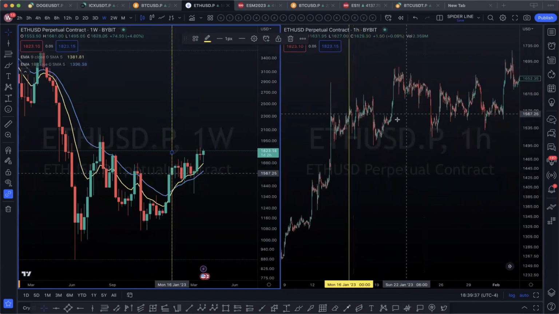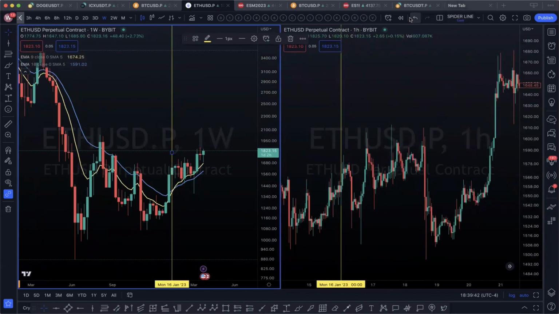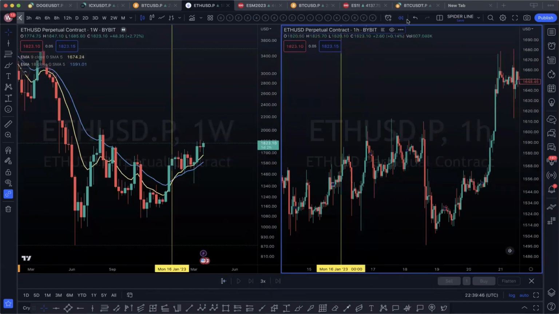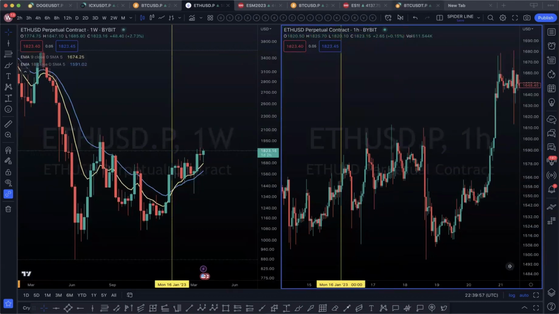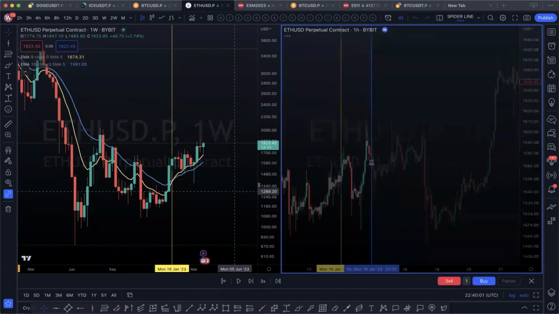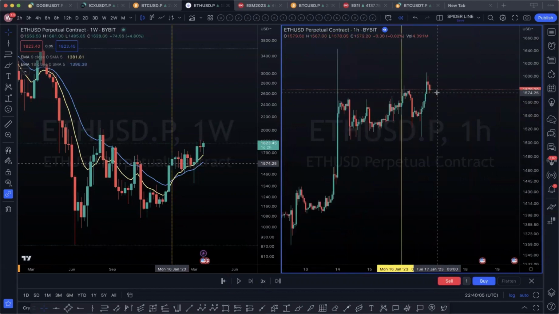This is where the price on the weekly chart started trending. You can see this yellow line. Look at this yellow line.